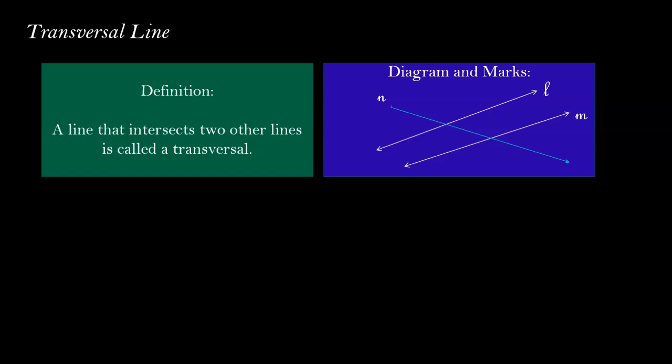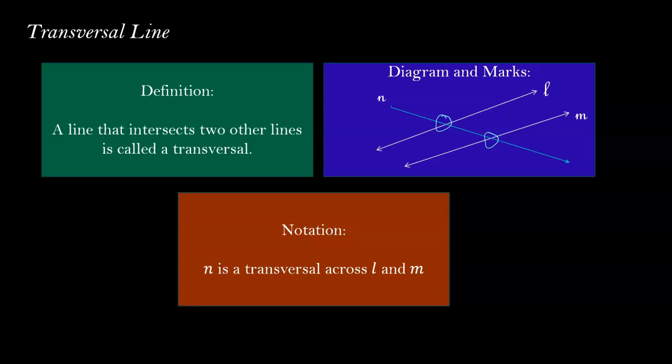Line N is a transversal because it crosses both L and M. So that makes it a transversal. So if I want to use words to describe that, I would say N is a transversal across L and M. It has the word trans in it, like transcontinental railroad, which means goes across.